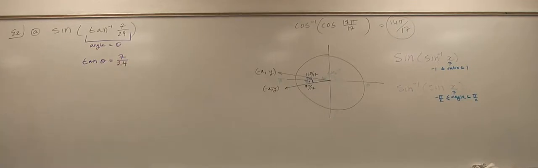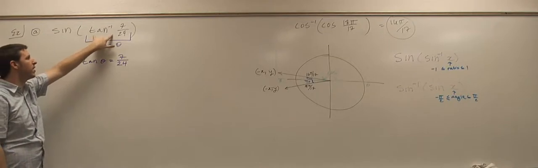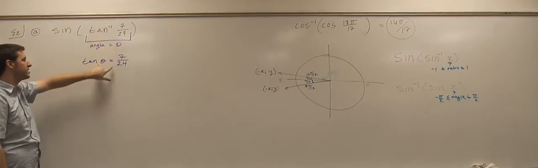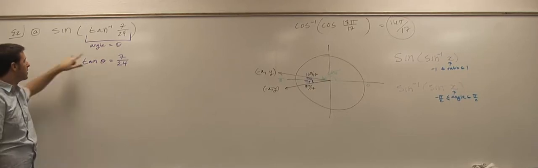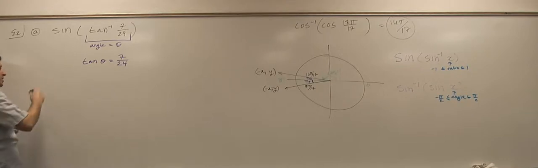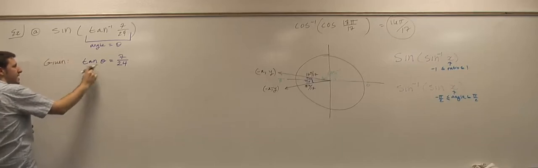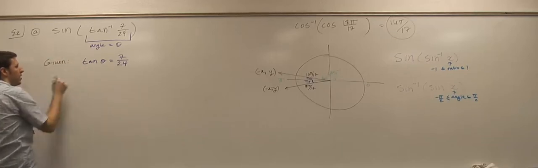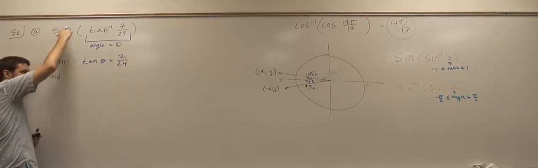So I'm looking for clues from this expression, and one is that the inside part is an angle that satisfies tan theta equals 7 over 24. So what the question is ultimately asking is, given that tan theta equals 7 over 24, find sine of theta.